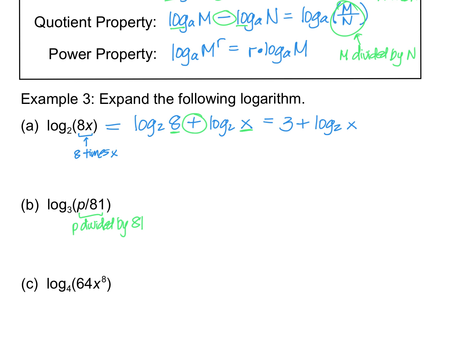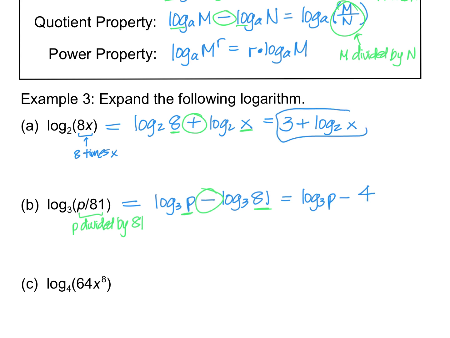And so this is going to be log base 3 of p minus log base 3 of 81. Notice again that we have a minus right here, and you have p and 81. Now this can be simplified further because log base 3 of 81 is 4. So this is the final answer. Okay, let's look at part C.